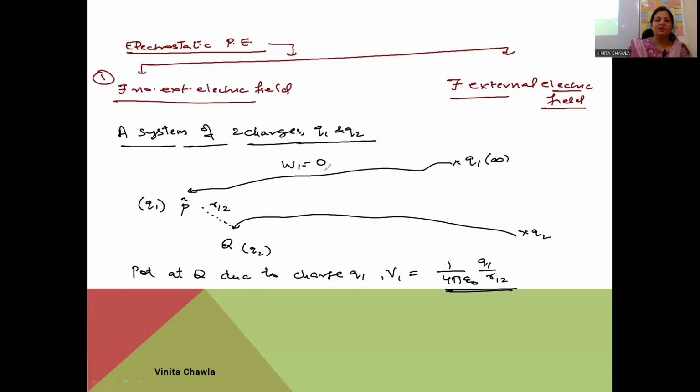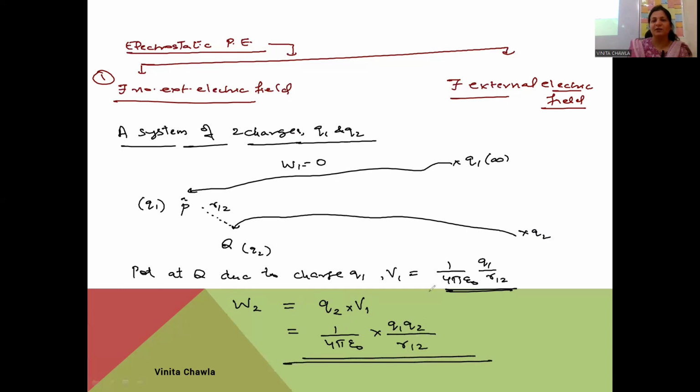So work done by the first charge is 0 and work done by the second charge will be the second charge multiplied by the potential due to the first charge. Now putting the value, it's 1 upon 4 pi epsilon naught Q1 Q2 divided by R12. So this is the work done by the second charge.